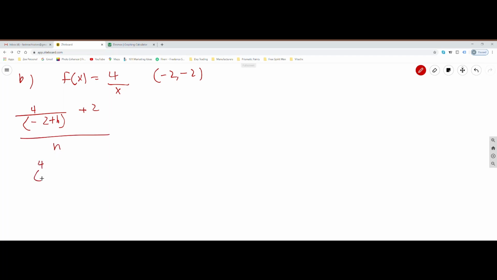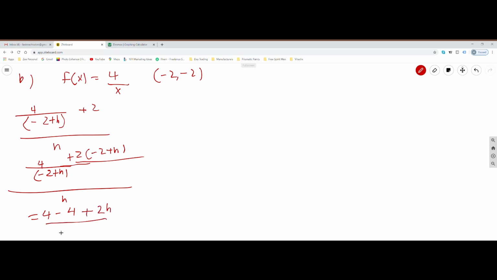So 4, negative 2 plus h plus 2, negative 2 plus h over h equals 4 minus 4, no, plus 2h over negative 2 plus h over h equals 2h over negative 2 plus h.